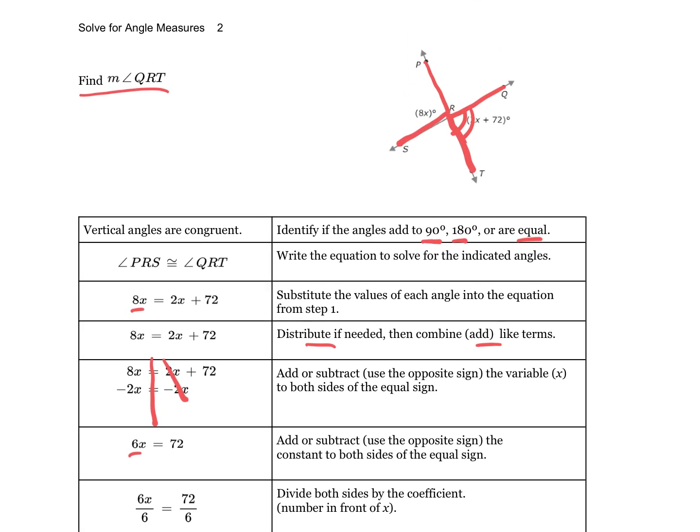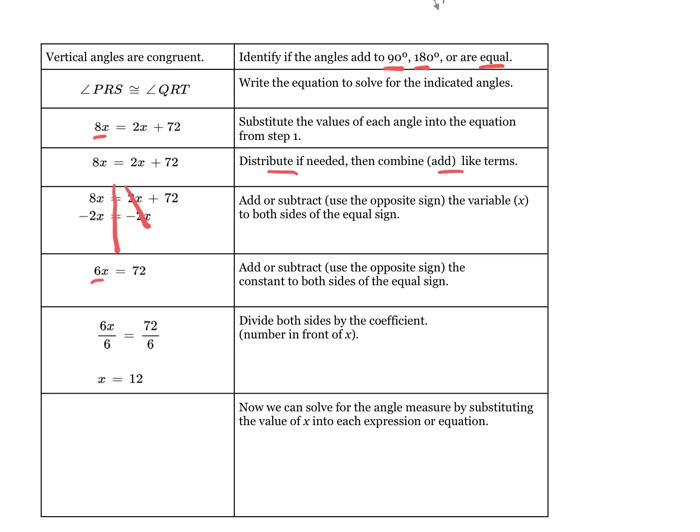Now QRT was 2x plus 72. So 2 times 12 plus 72. So this is 24 plus 72.